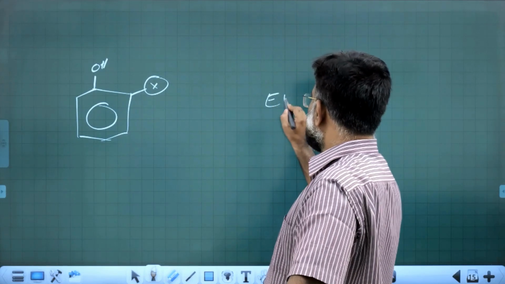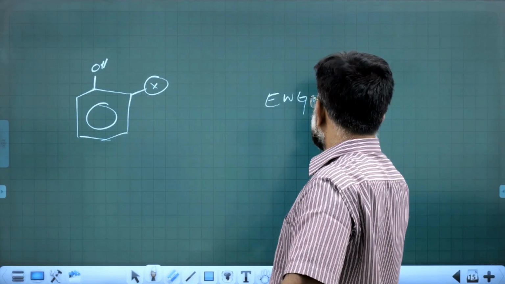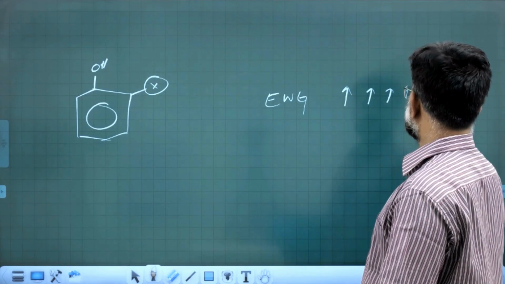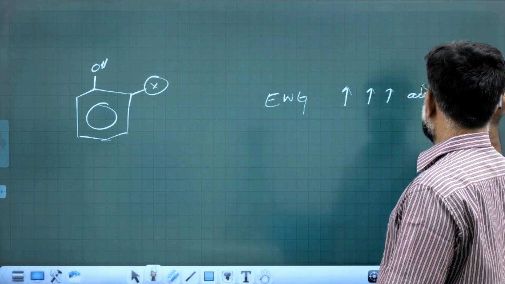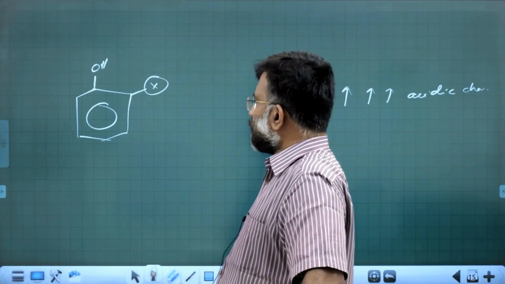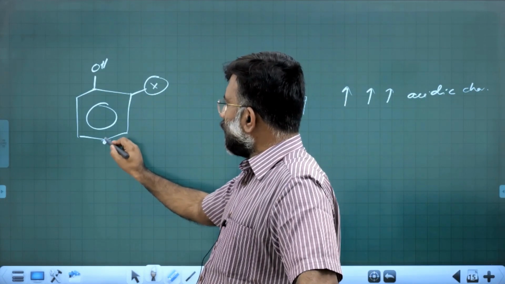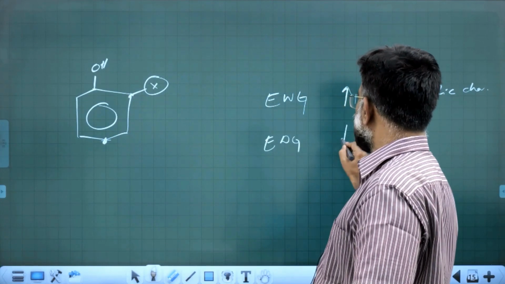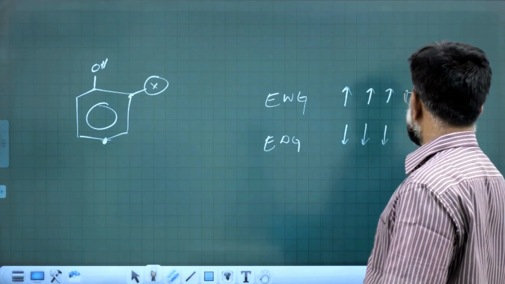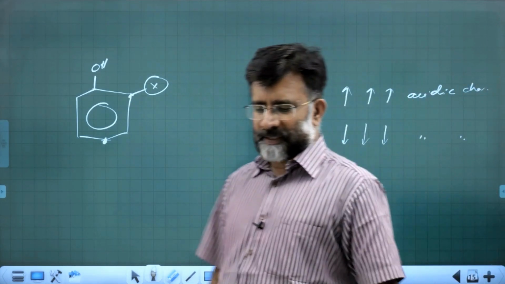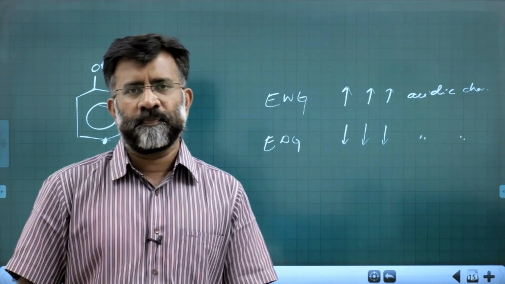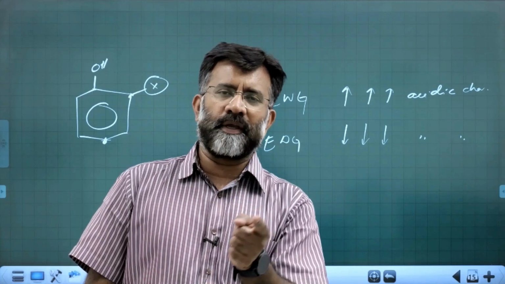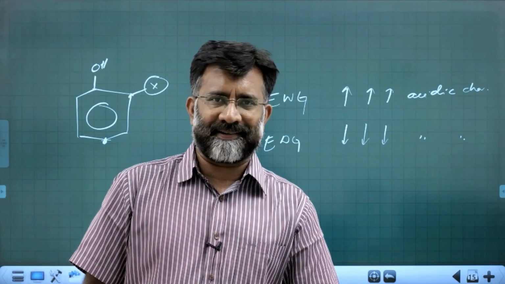The property is more profound at ortho-para locations, while the presence of an electron donating group decreases the acidic character. The presence of an electron withdrawing group increases the acidic character.